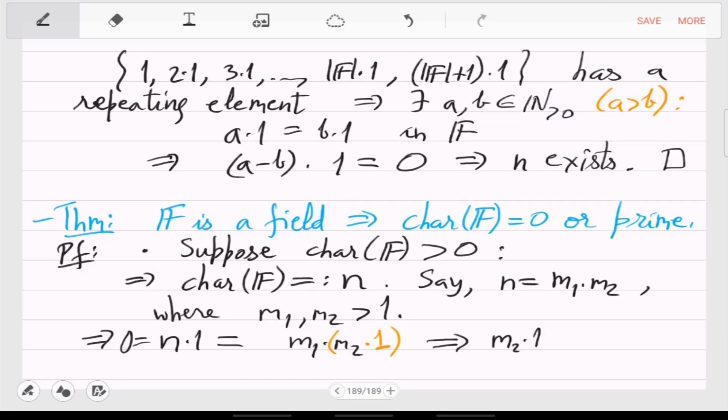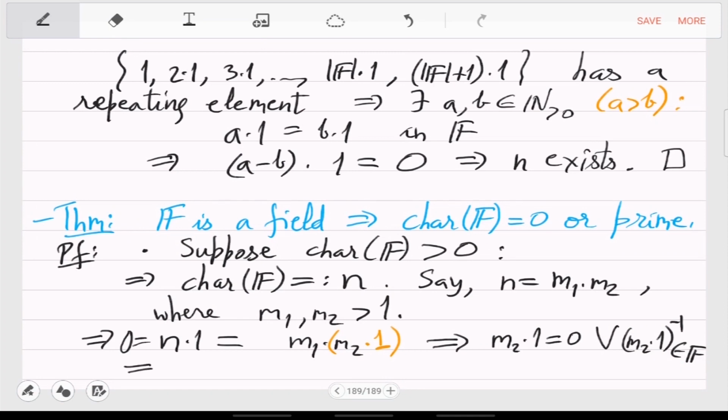When it is 0. So either that is 0 or it's invertible. Now, if it is 0, then what happens? That's a contradiction to the characteristic n being the least. So it's not 0, so it's actually invertible.